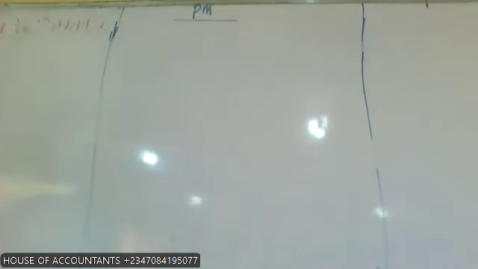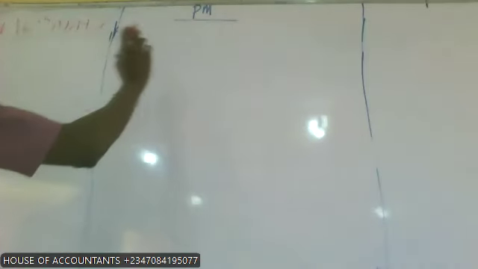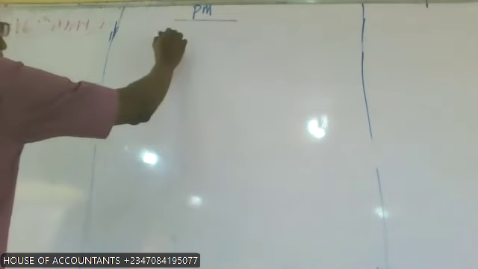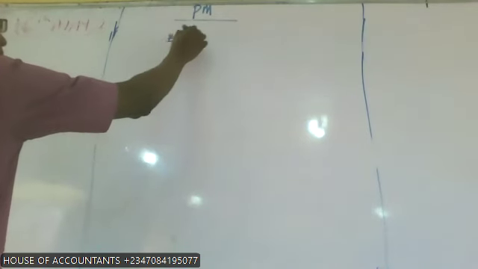Okay, so now, like I said before, variance is in 3 steps or 3 stages. We have basic variance.